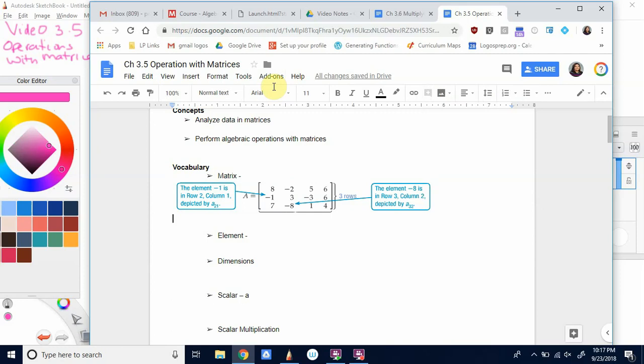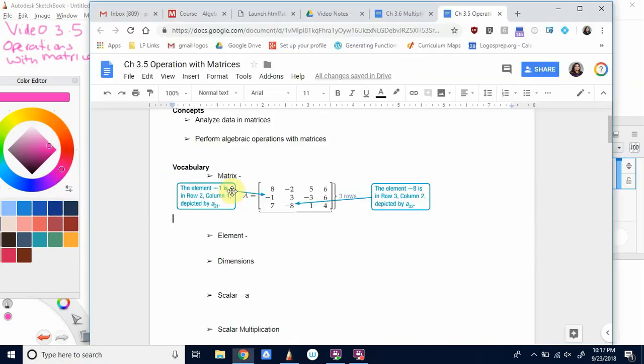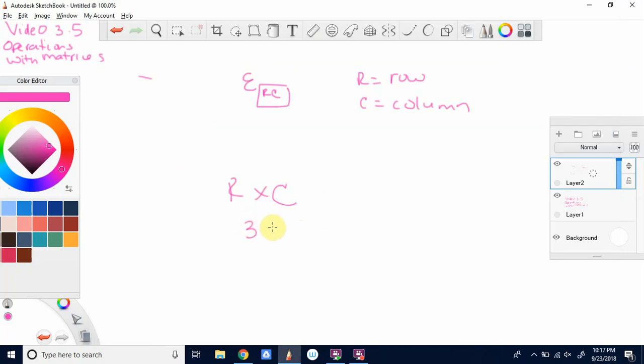Now, the dimensions are the size of a matrix. How we describe and name it is always going to be row by column. So, for instance, this one's got 1, 2, 3 rows, so it's going to be a 3 by, and the number of columns is 1, 2, 3, 4. So this would be a 3 by 4 matrix.